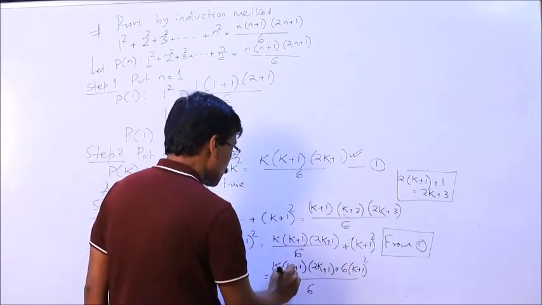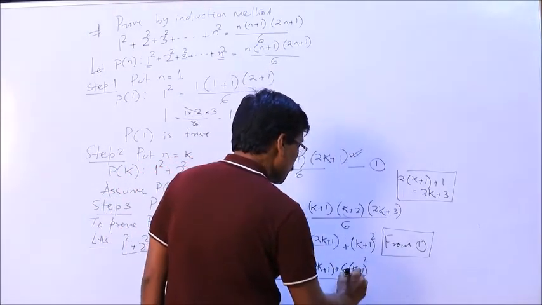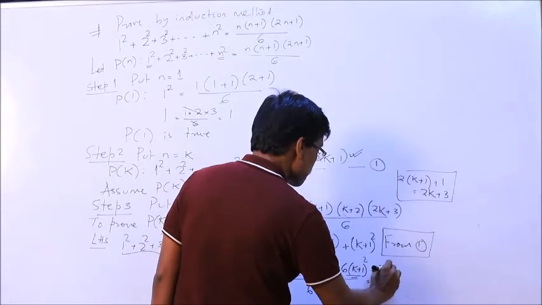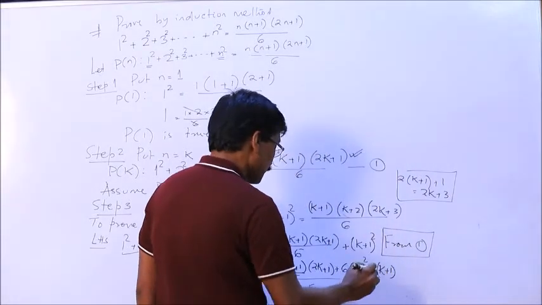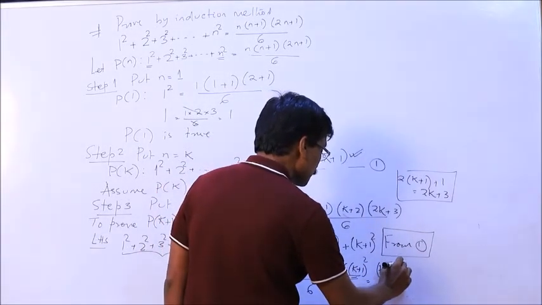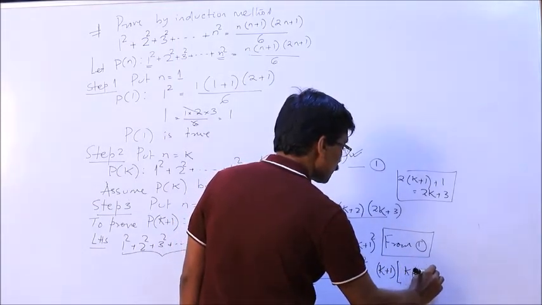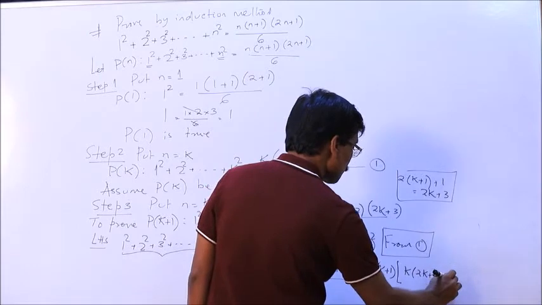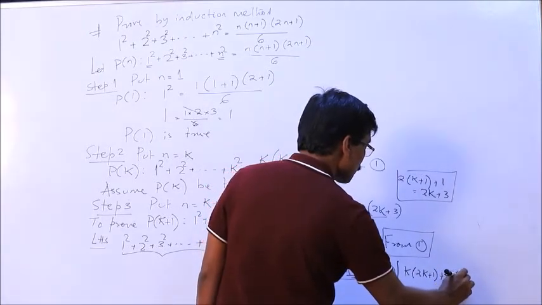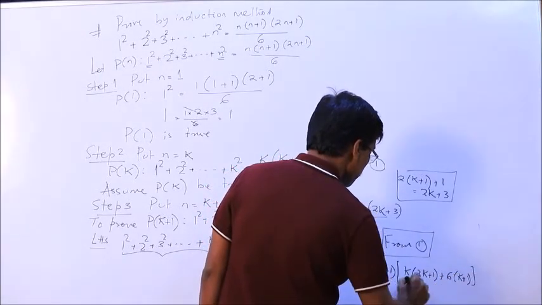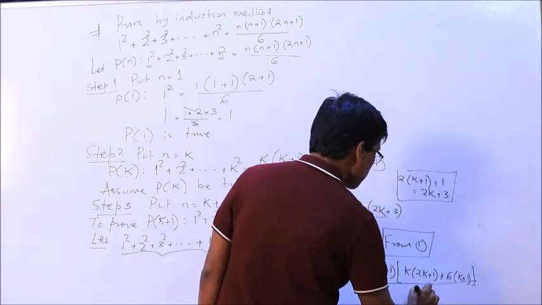Now, from these two terms we take out the common (k+1), that is (k+1) into [k into (2k+1) plus 6 into (k+1)] divided by 6.